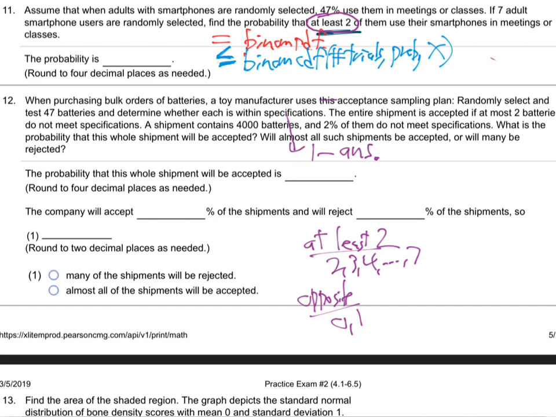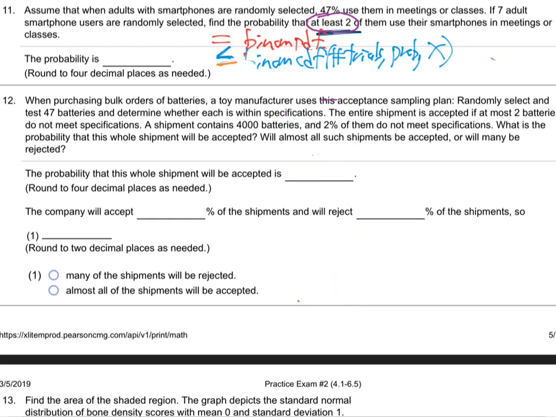But if they say greater than or equal to, let me come down here and write it out for you. I don't know why I was just not thinking well that day.